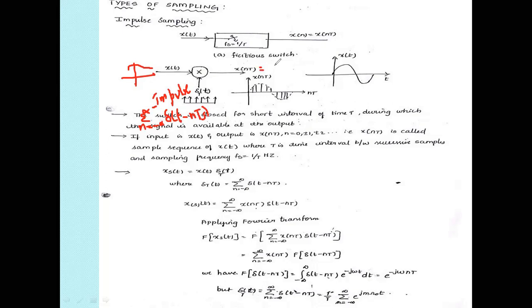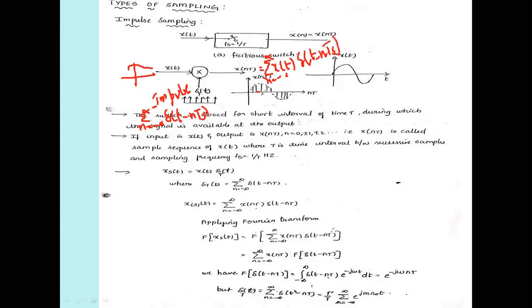After the sampling, it is x of t into the sum of n equal to minus infinity to infinity of delta of t minus nTs.